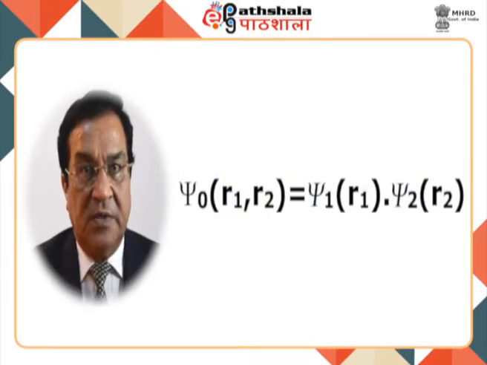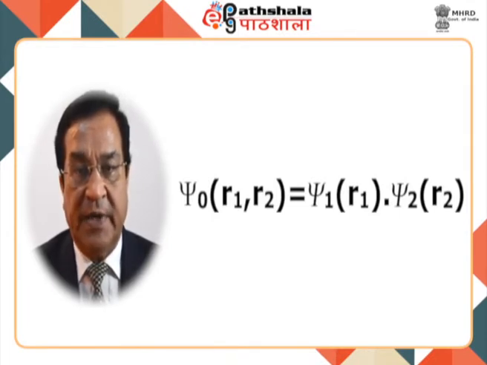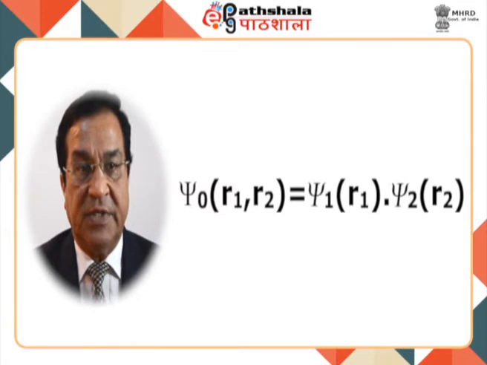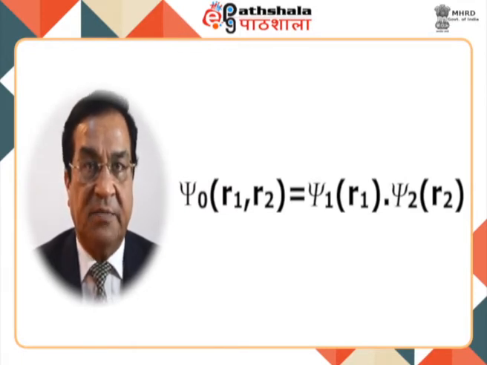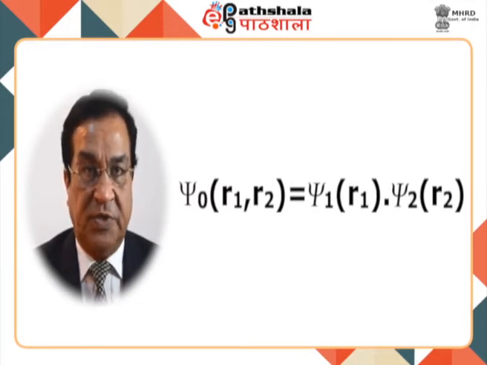The zero order ground state wave function for the helium atom is now taken as a product of individual electron wave functions. That means the wave functions of two helium ions not interacting with each other, approximated as hydrogen-like one-electron wave functions.